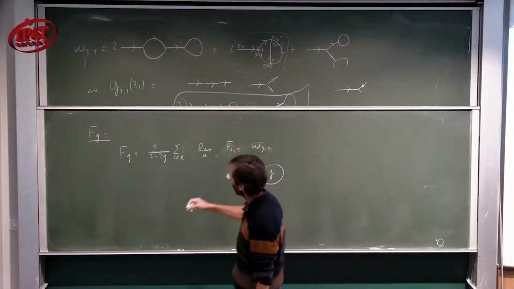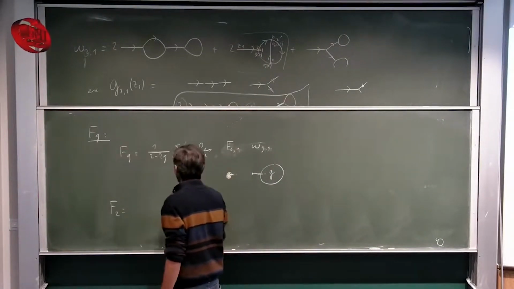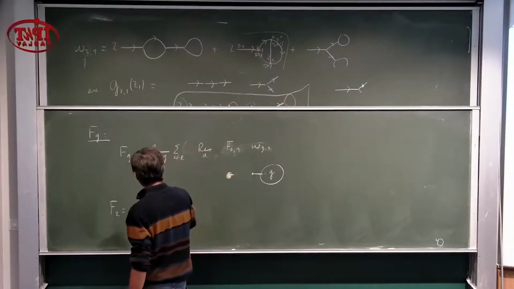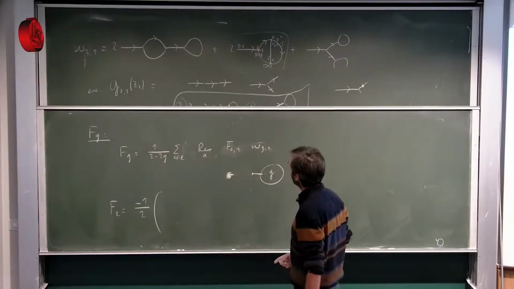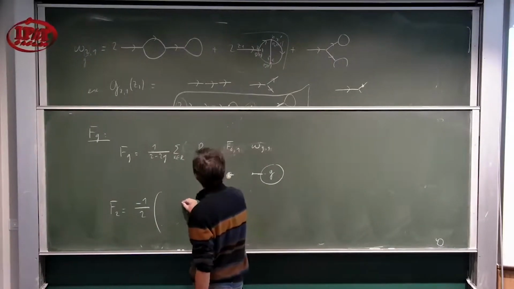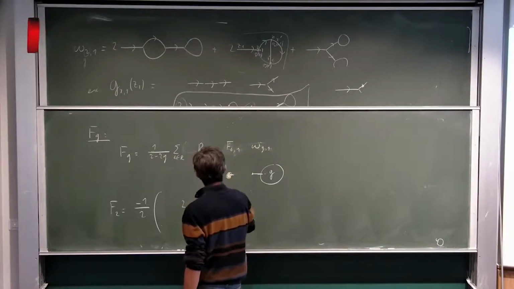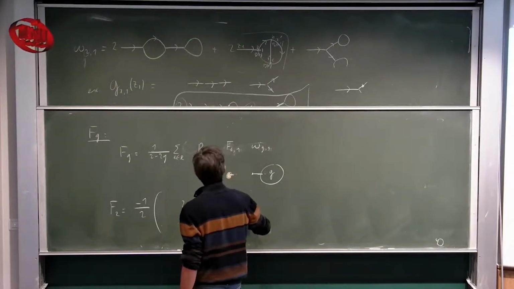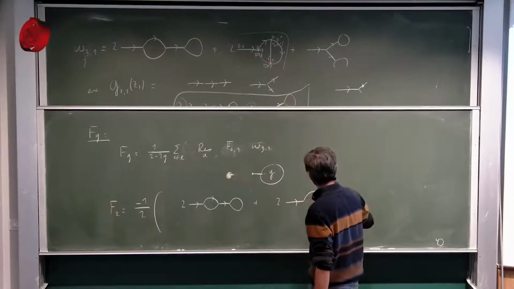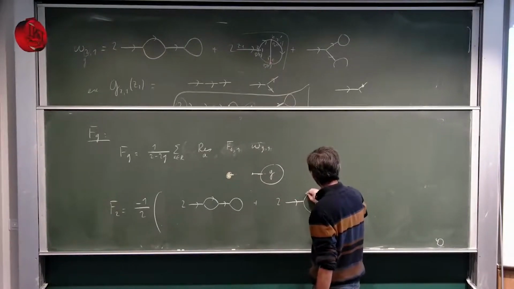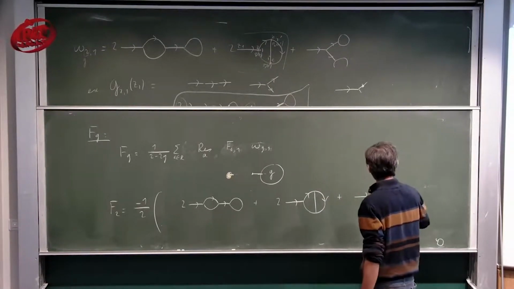And let me, for example, apply that to F2. Example F2. So this was minus 1 over 2 times, we had our graphs, 2 times this graph plus 2 times this graph plus 1 times this graph.